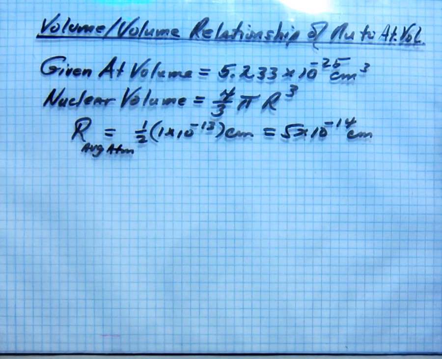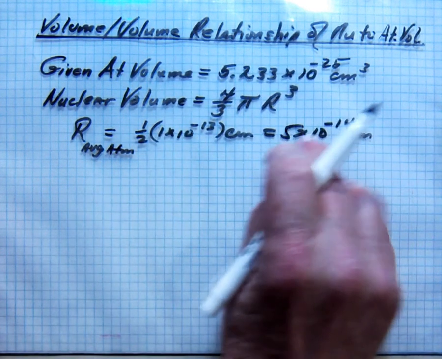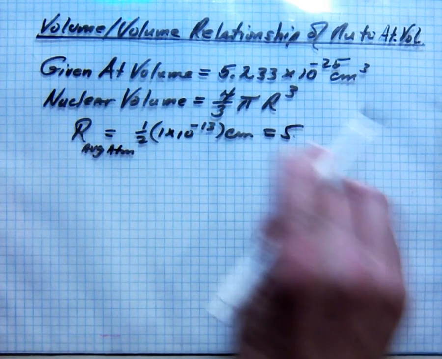So really the question is asking how many 5 times 10 to the minus 14s go into 5.233 times 10 to the minus 25. Actually, it's 5.233 times 10 to the minus 14. That's the way this will work out, and I want to cancel out that coefficient number.